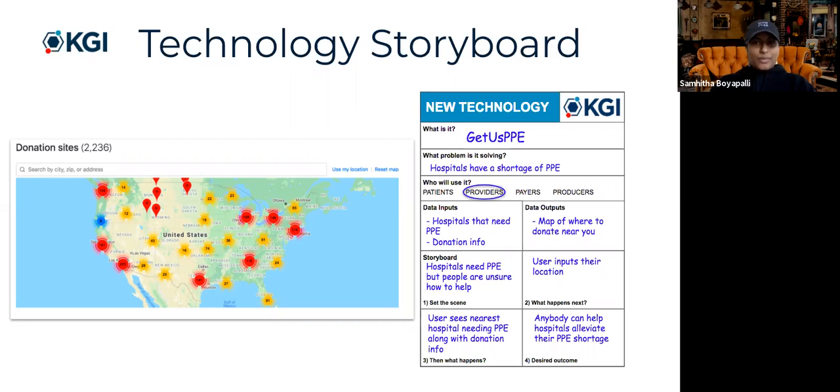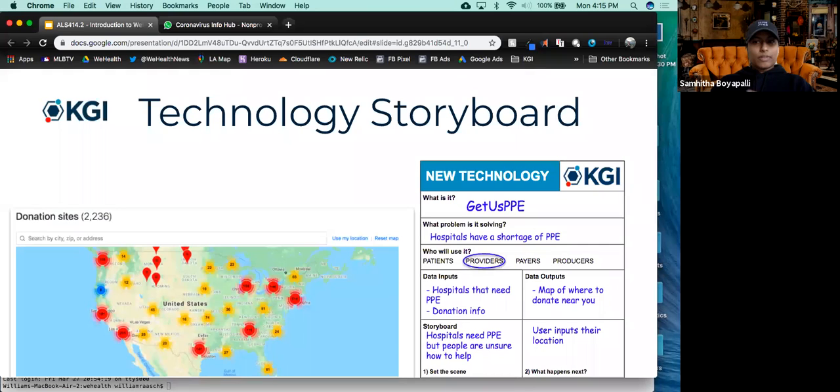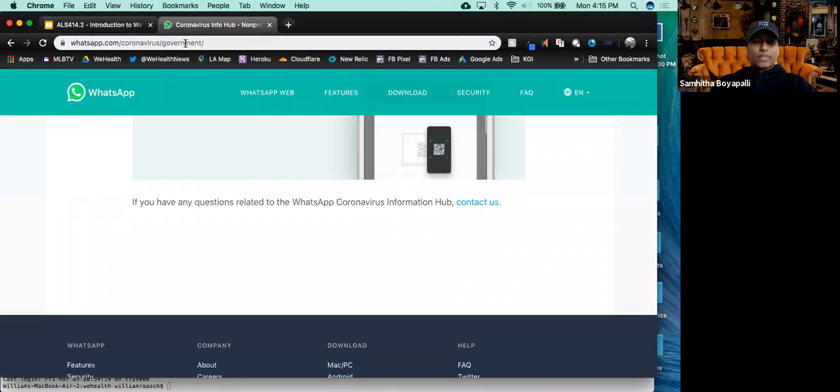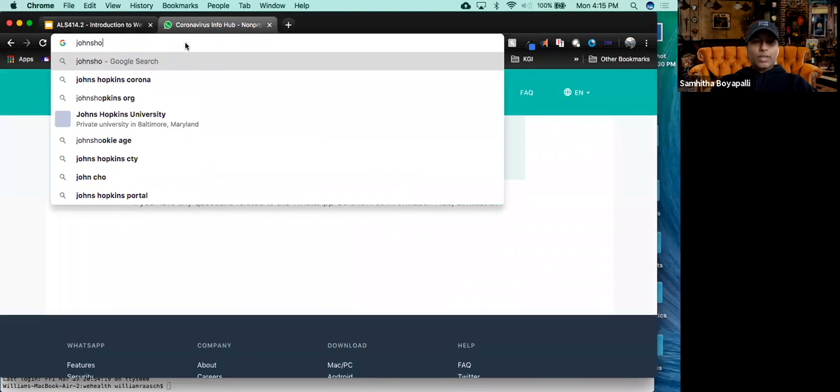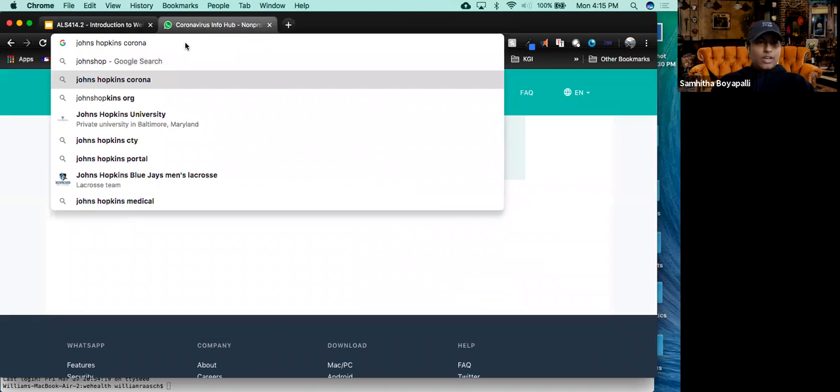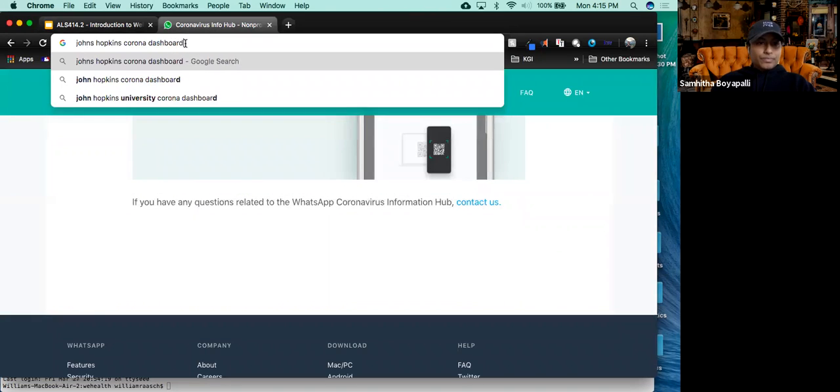I have one more website that I wanted to talk about for COVID. It's the Johns Hopkins one where they have the entire world map of confirmed cases. It gives you the global confirmed cases, as well as it breaks it down to each country.